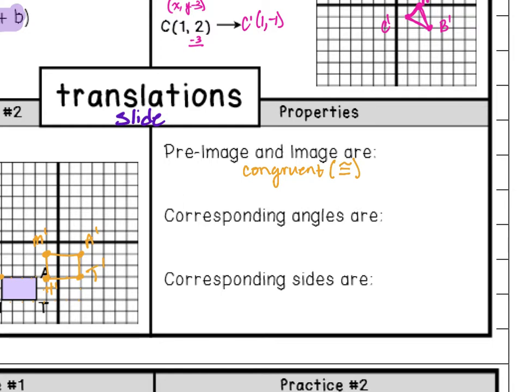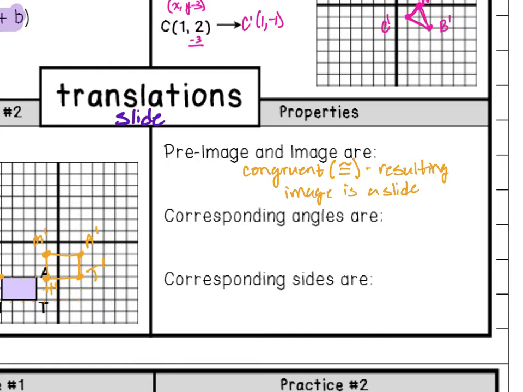So it's congruent, and the resulting image is a slide, right? Because I just took it and I slid it somewhere different. So it's the same size, same shape. Congruent means equal in size, similar in shape.